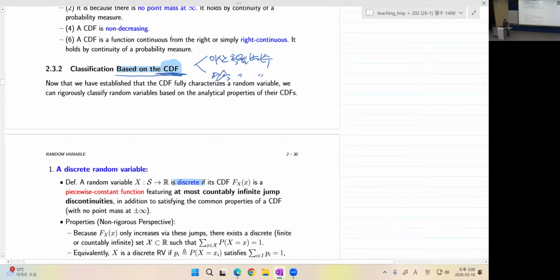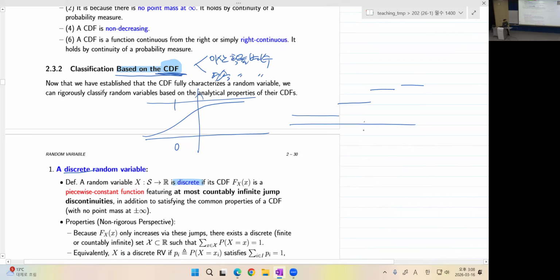So we take a look at the CDF, and if we find the CDF is a continuous function without any discontinuity, then we call the random variable a continuous random variable. Got it? There are many continuous random variables, right? And if we have a piecewise constant function with jump discontinuities, then we call it a discrete random variable. Of course, the CDF may look like that, as I just showed you, right?